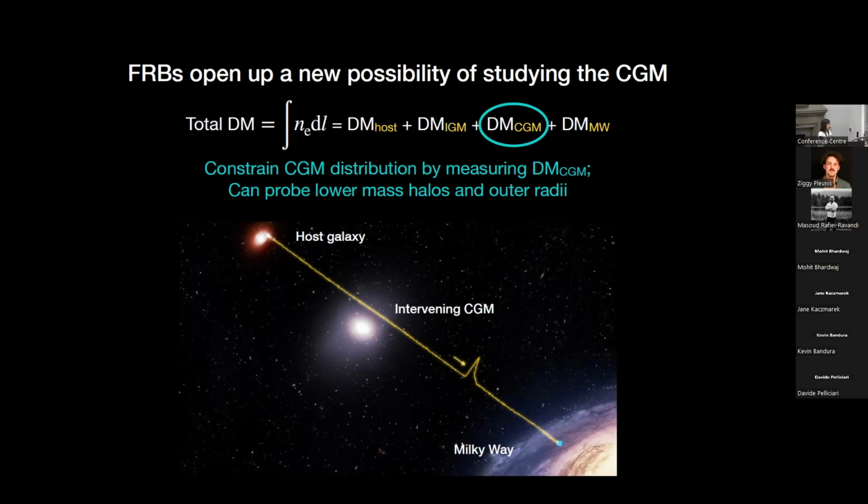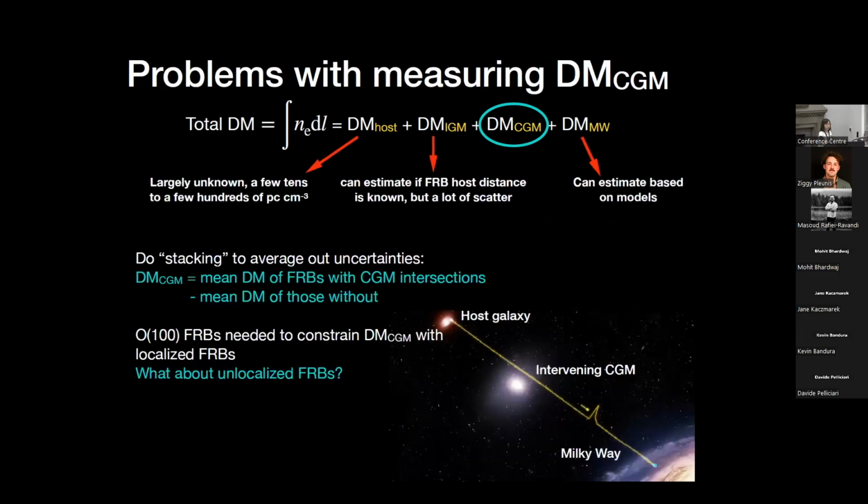But the problem with measuring the DM from the CGM comes from the uncertainty from all the other terms in the total DM. The host DM can vary from a few tens to up to a few hundreds, so it's highly uncertain. And then the DM from the IGM, if you have localization, you can probably estimate it by integrating the mean electron number density as a function of redshift.